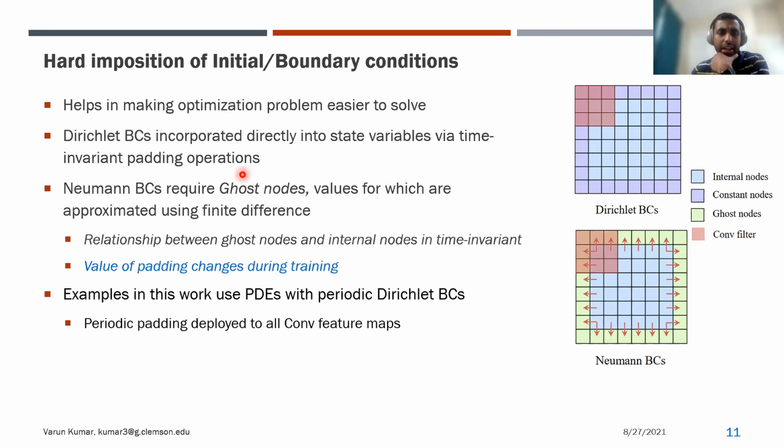But basically, they are incorporating the Dirichlet boundary conditions directly into the state variables via some sort of padding operation. For the Neumann boundary condition, they're using some sort of ghost cells, ghost nodes, with values which are being approximated using finite difference. The value of the padding changes during training. In this case, they are working with periodic Dirichlet boundary conditions.